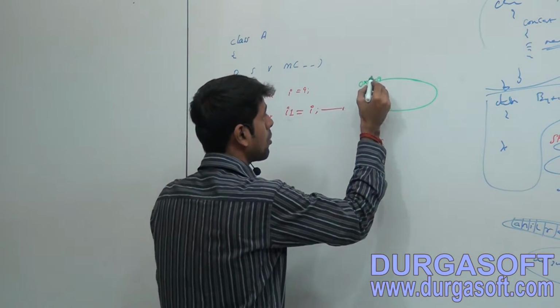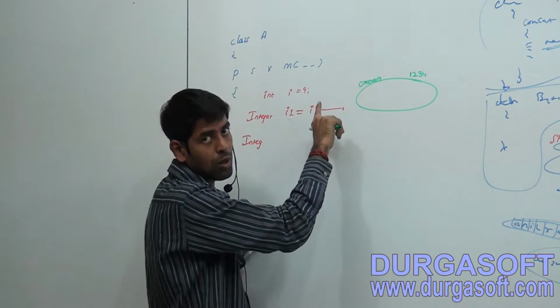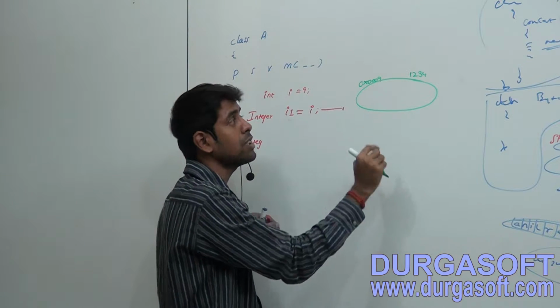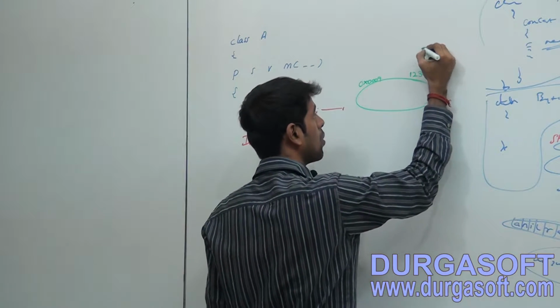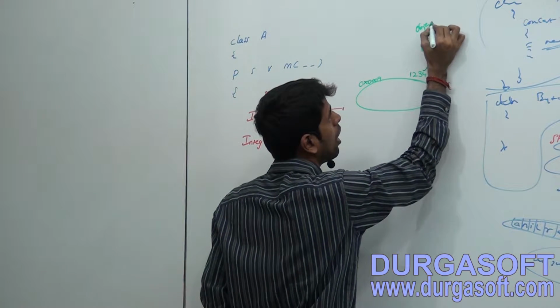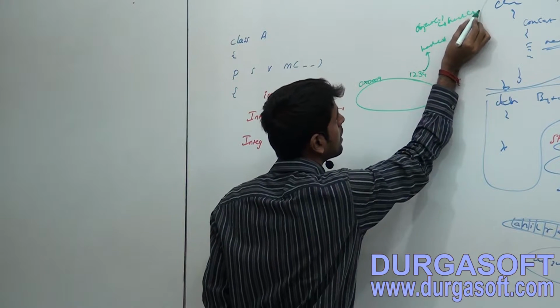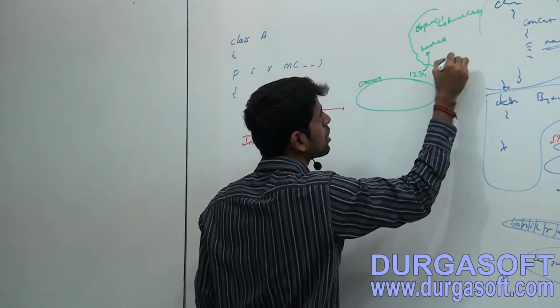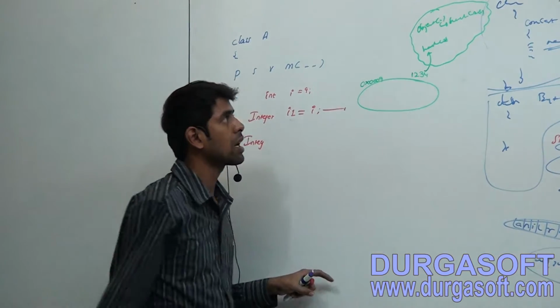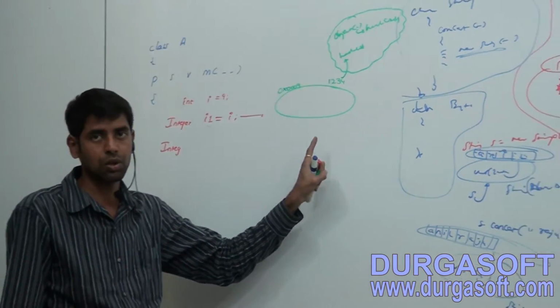Observe here, approximate, not the exact value. This hash code will be generated by the Object class hashCode method at the time of object creation. This is very important to us.